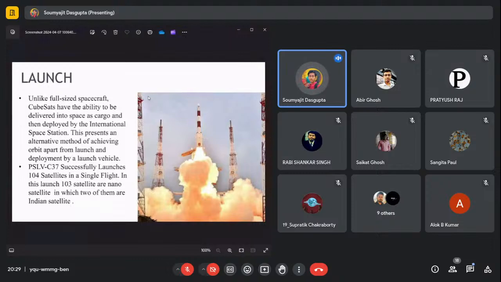The helium gas costs around 7,000 to 10,000 rupees. You need 2 to 3 kg of helium gas inside the balloon, and then you have to attach a parachute.